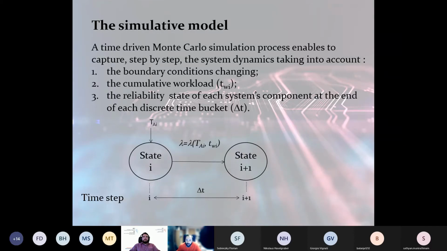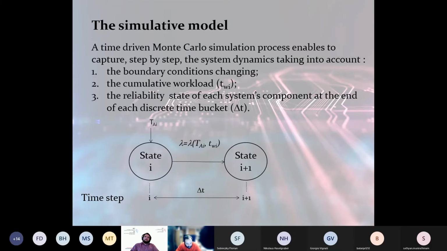A time-driven Monte Carlo simulation is simply performed by creating equations of the failure rate with a delta t that is the integration step.